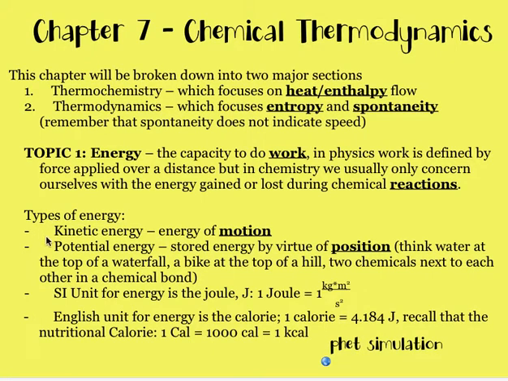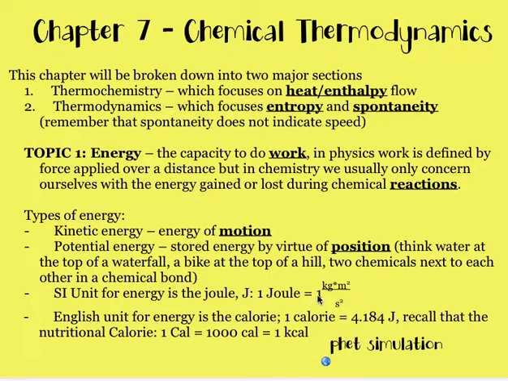One thing you want to know is there's lots of different forms of energy. The two that we primarily concern ourselves with are kinetic energy, which we know is the energy of motion, and then potential energy, which is stored energy by where something is. So if you're higher up, you have more potential energy than if you're lower down. And then when we talk about energy, we're going to be dealing with the SI unit, which is the joule.